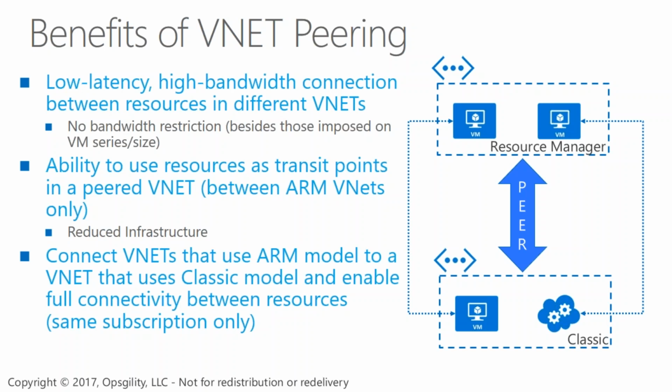Now this lights up some interesting migration scenarios. So if I can set up a Resource Manager based VNet and peer that with my Classic VNet that maybe I've had deployed for some time, I can look at some interesting migration scenarios to get my workloads migrated into the Resource Manager framework, which is the strategic direction, obviously, for Microsoft Azure these days.